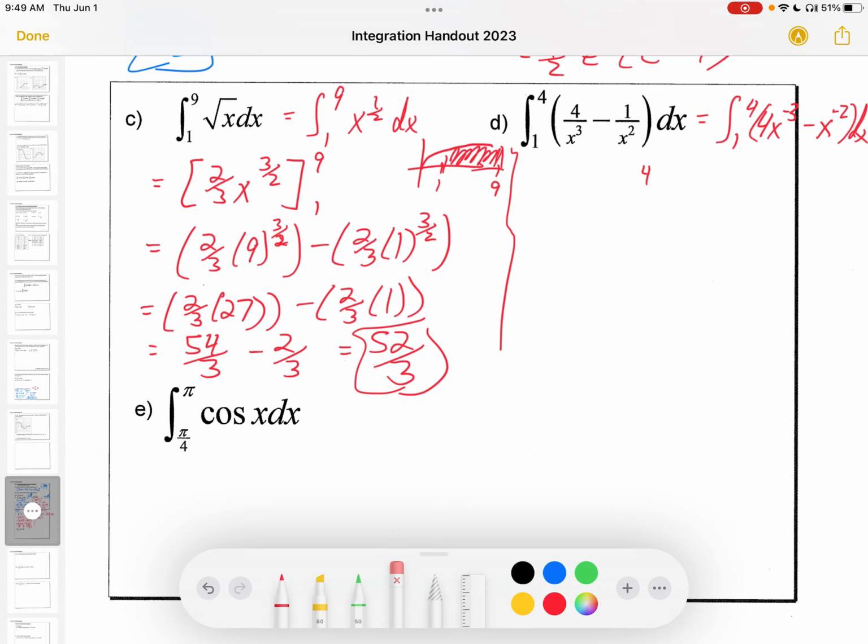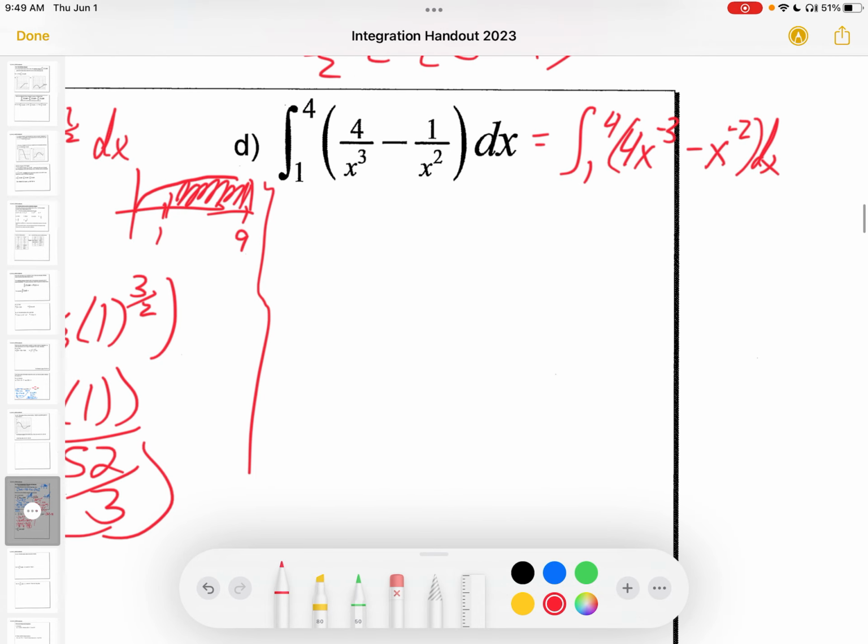Maybe I need a little more space here. So let's zoom in. The 4 stays. The power goes up by 1. So if I'm at -3, it'll go up to -2. And then the flip of the new power goes in front. That's -1/2. Same thing with the other one.